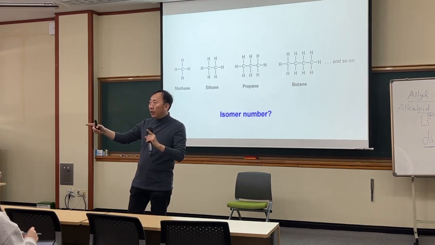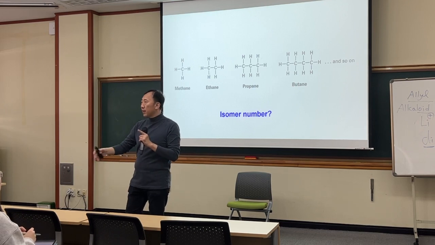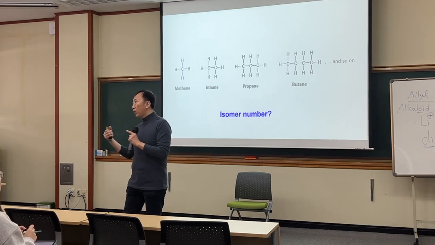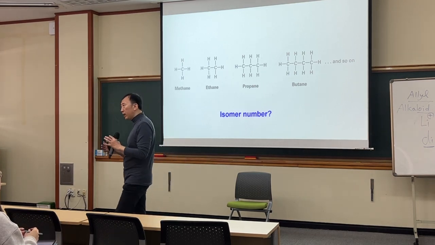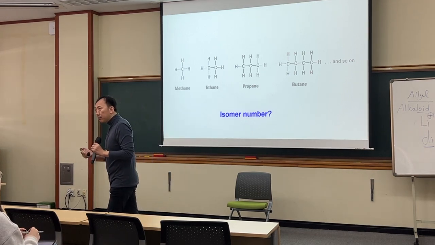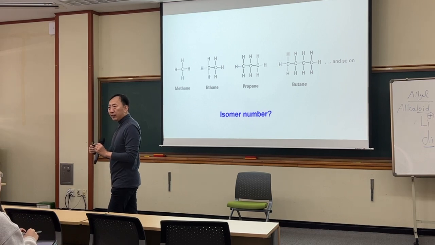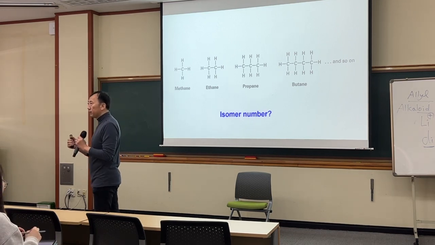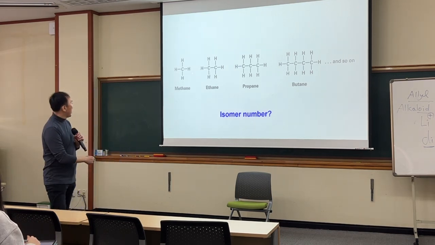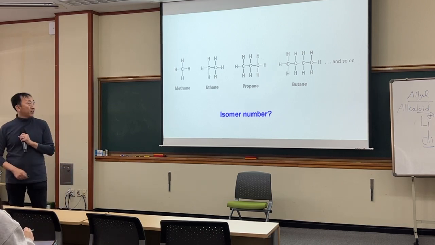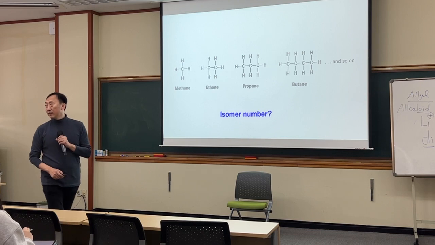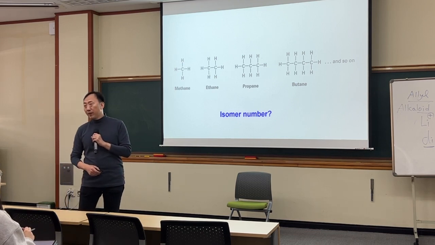Same molecular formula. So we say molecular formula, not experimental formula. Same molecular formula, but with a different connectivity or different spatial orientation. Okay. So methane CH4, no other isomer. Ethane C2H6, only one form.